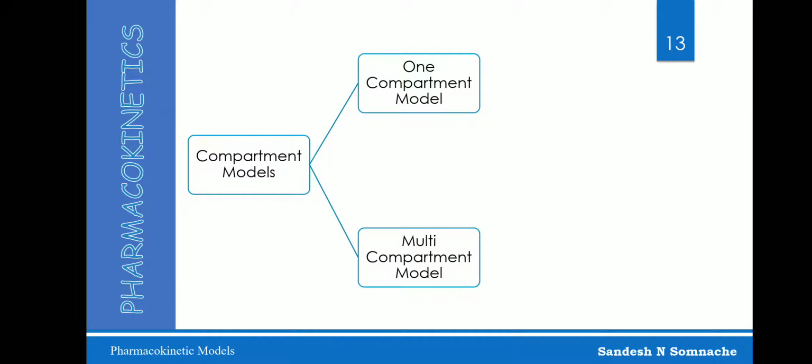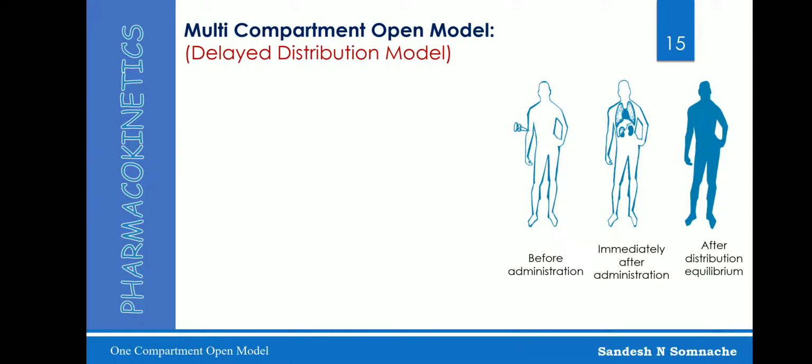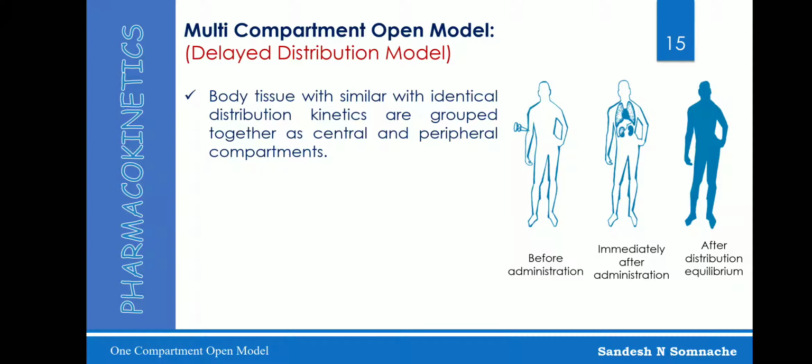Now next, that is multi-compartment models. Multi-compartment models are also termed as delayed distribution models. In this, body tissues with similar or identical distribution kinetics are grouped together as a central compartment or peripheral compartments.